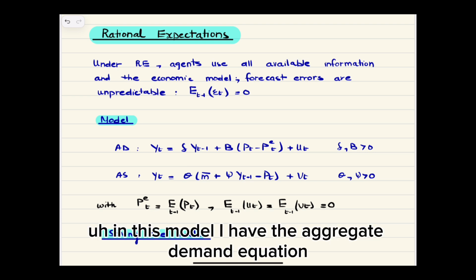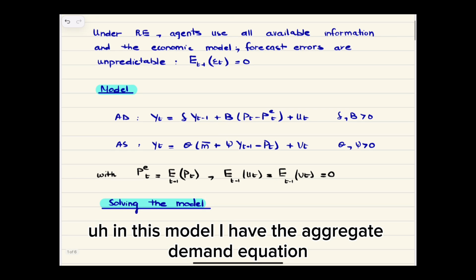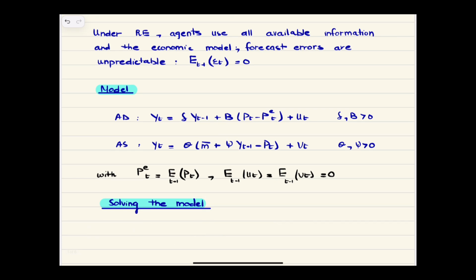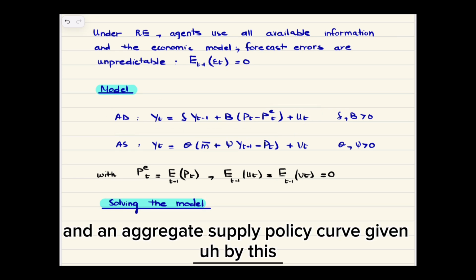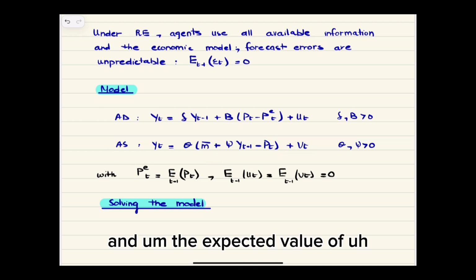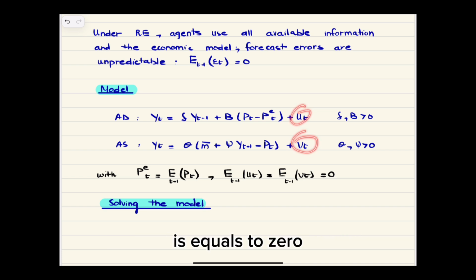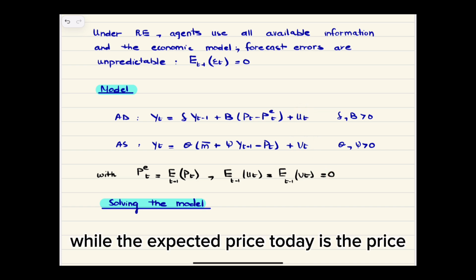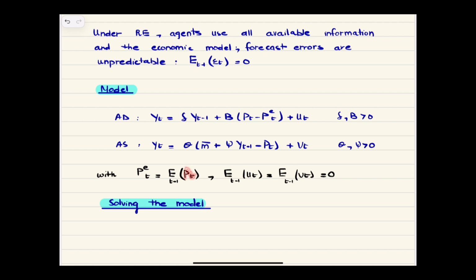In this model, I have the aggregate demand equation, which is given, and an aggregate supply policy curve given by this, and the expected value of the error terms is equal to 0, while the expected price today is the price which is expected one period behind.